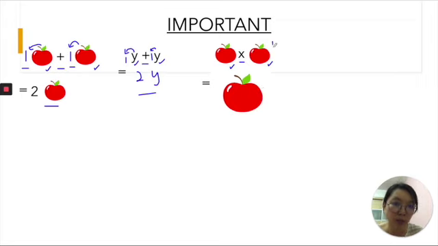Because apple is 1, repeating 1 time, repeating 2 times. It becomes apple, bigger one. If I put it as y times y, so y repeating 2 times, the same y, repeating 1 time, 2 times. It becomes square.